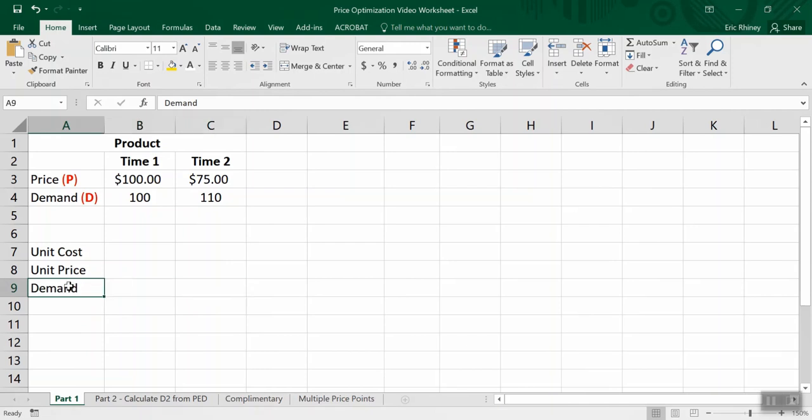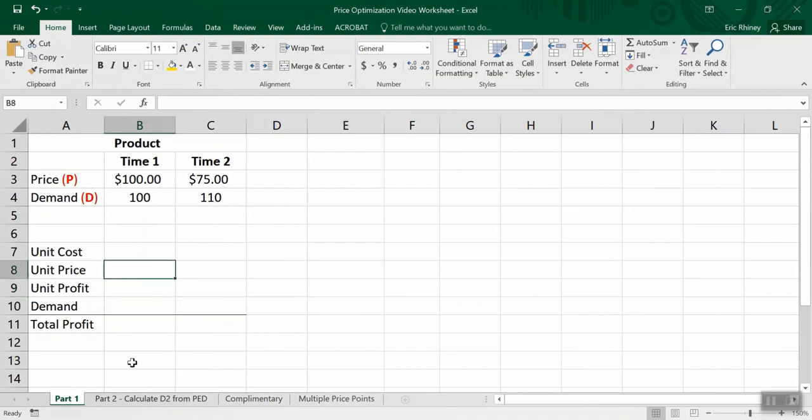Okay, what I'll do, just to simplify this, is come up with unit profit. All right, and then demand, and then we can come up with the total profit. And let's just add in some formatting, just to make this look a little bit better.